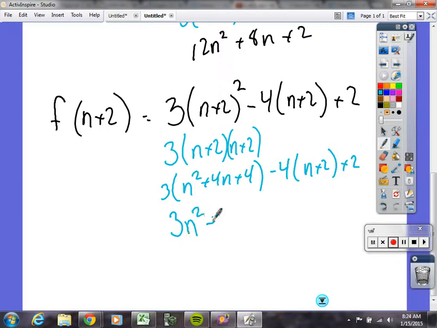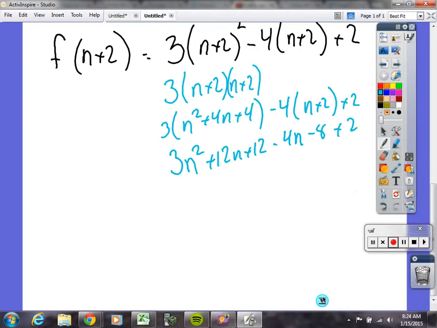3n squared plus 12n plus 12 minus 4n minus 8 plus 2. Remember to distribute that negative 4 to both terms, right, Marta? Okay? Are we done there?